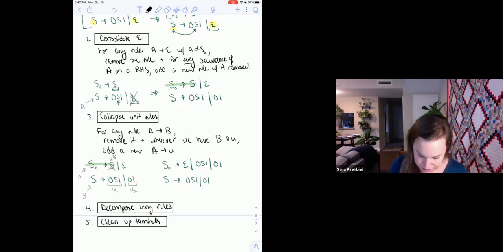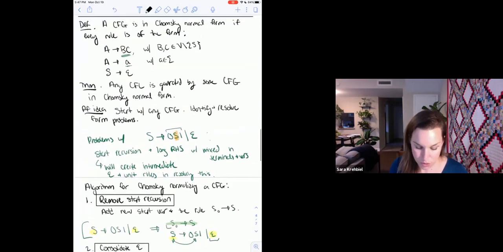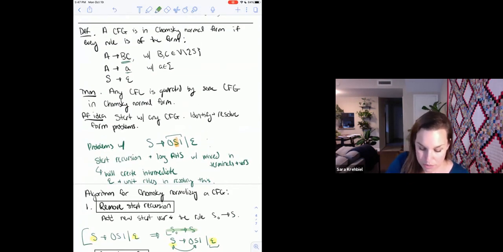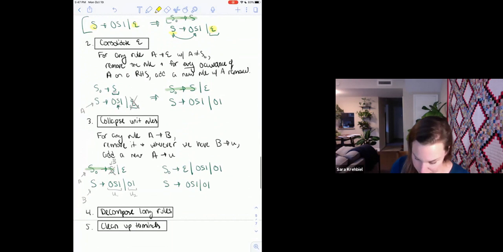So what do I mean by decomposing long rules? Well, if we refresh what it means to be in Chomsky normal form, we can either have two variables on the right, or one terminal, or an epsilon in the case of the start. So that means this 0S1 is too long to be on the right-hand side.